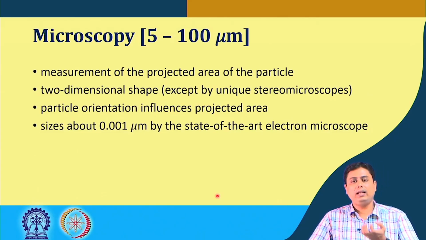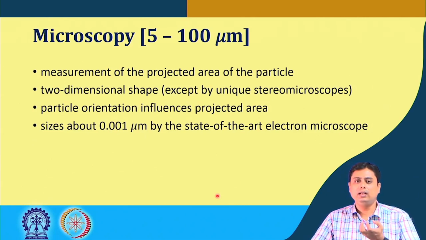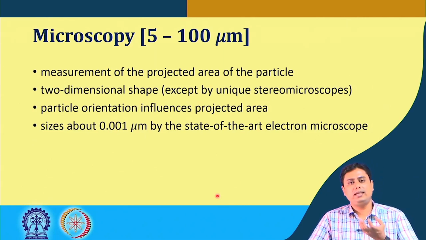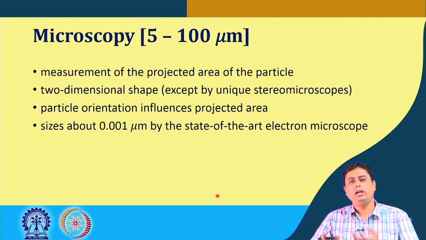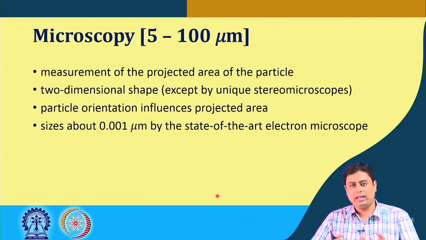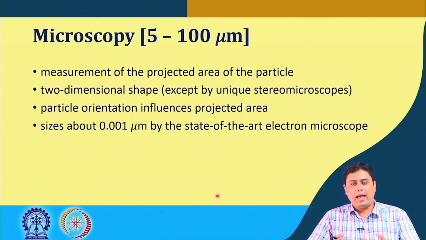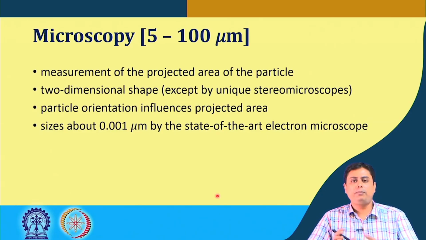If the particle is not spherical, or let us say an irregularly shaped particle, then what you see is basically the projected area that you have to equate or correlate with the kind of diameter that I mentioned in my previous lecture, like Martin's diameter or Feret's diameter, to have a mean diameter or a particular representative diameter of a single particle.